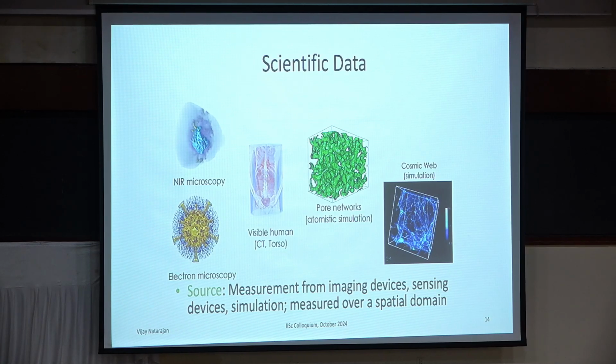All of these are represented as some kind of intensity values over a 3D volume, or data from material science, the study of pores or the study of the large-scale structure of the universe. These come from simulations, again over typically a 2D or a 3D space, potentially time-varying.